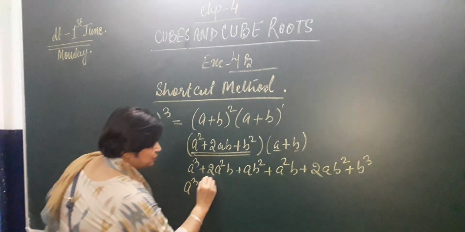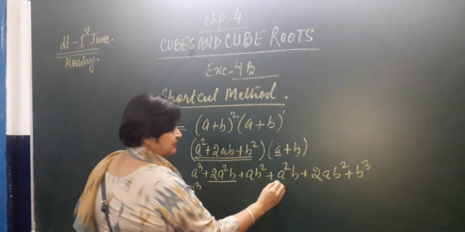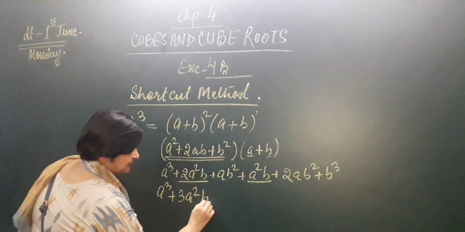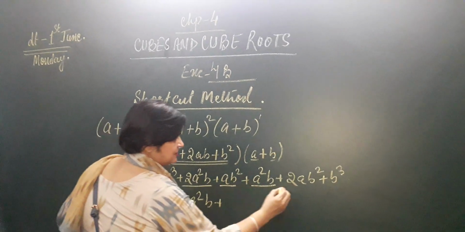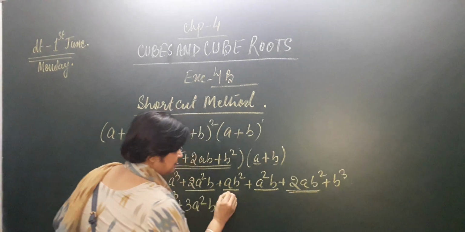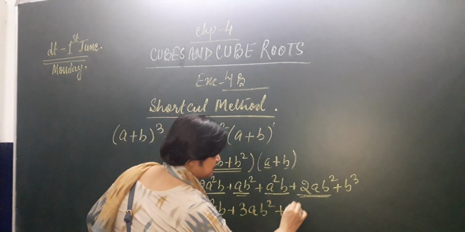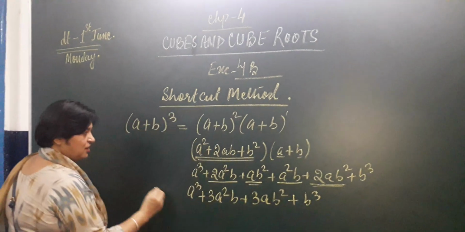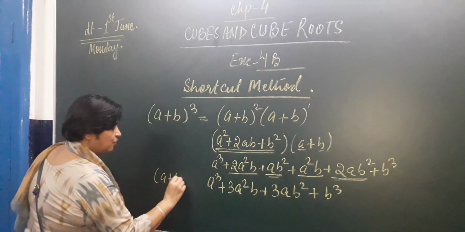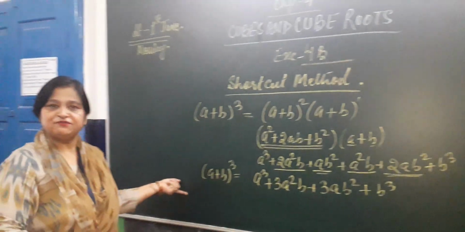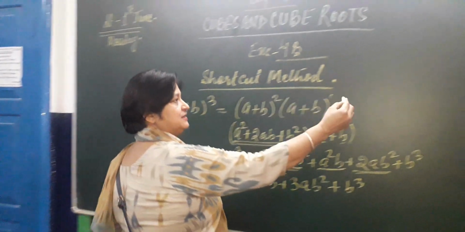A cube, 2a square b and a square b altogether becomes 3a square b, plus ab square plus 2ab square. Altogether it becomes 3ab square plus b cube. This is the formula of a plus b whole cube. Now we have to calculate this formula with the help of the shortcut method. I will move to this side.